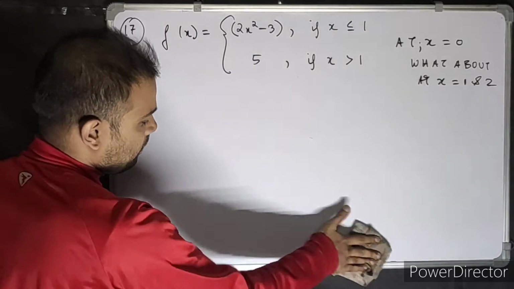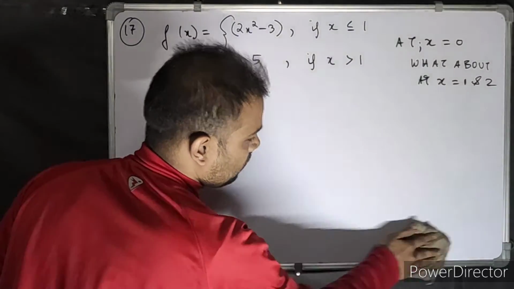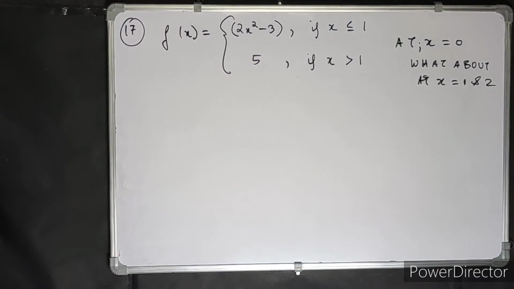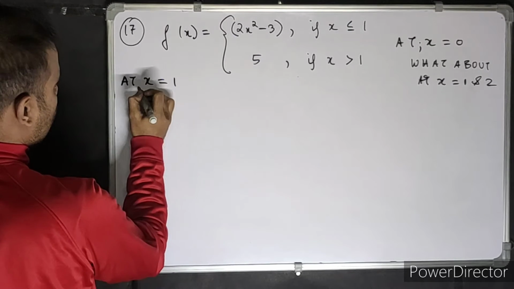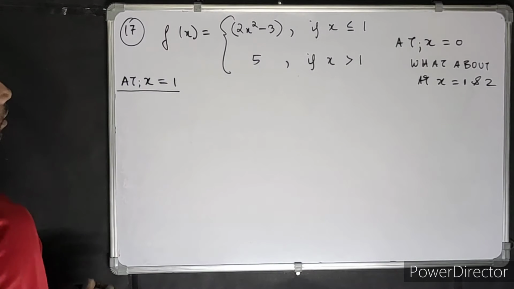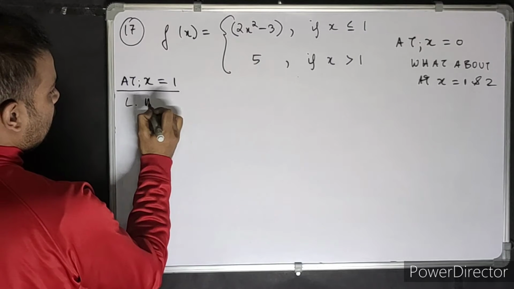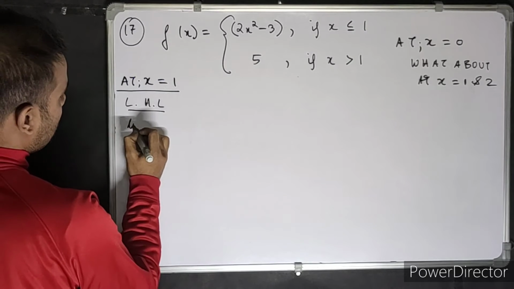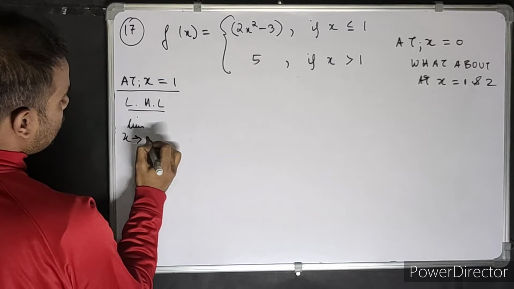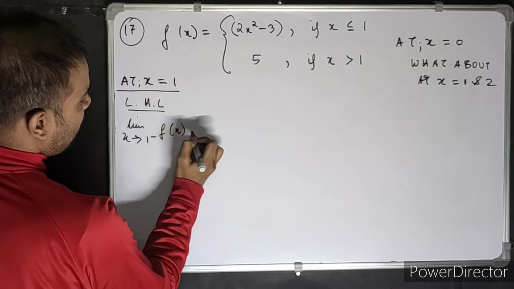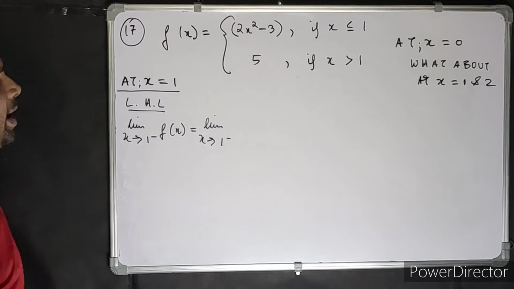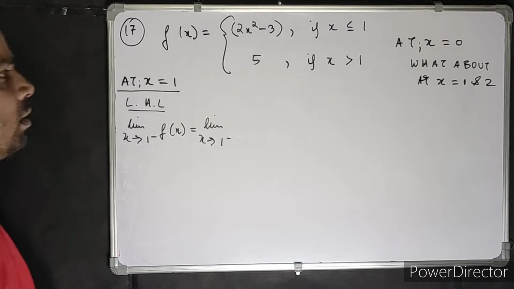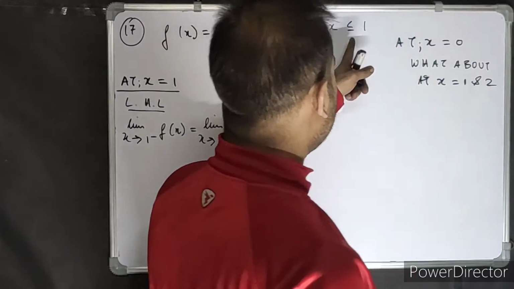Okay. Let's start at x equal to 1. Okay. So LHL, left hand limit of x tends to 1 negative, f of x is equal to limit of x tends to 1 negative. Which one we will use? Tell me. Less than 1.